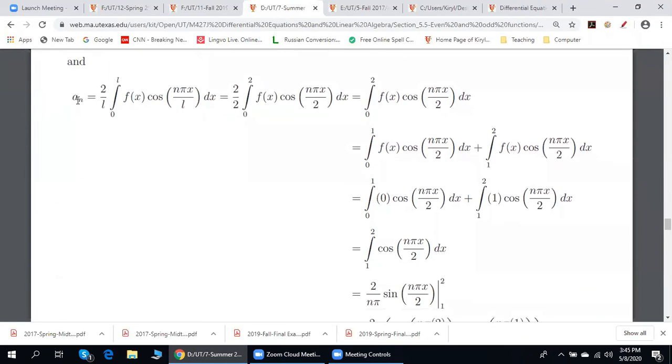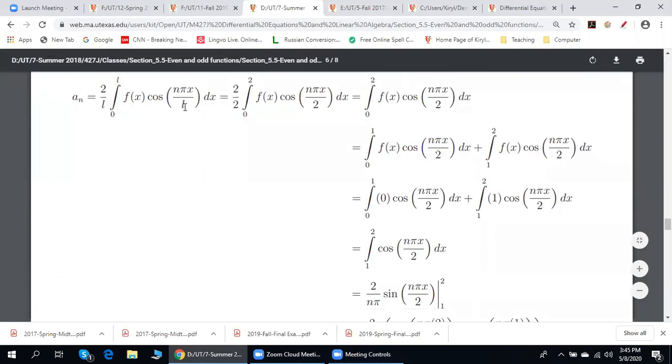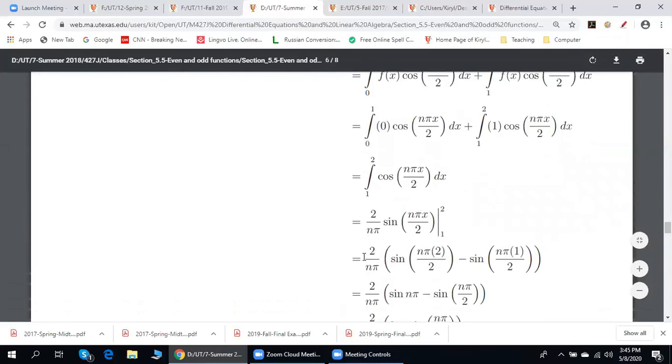In order to find an where n is greater than 0, we replace L by 2 first. Done. We simplify. We split this integral into two pieces. We replace f of x by 0 here and f of x by 1 here. Integral of 0 is 0, disappears.